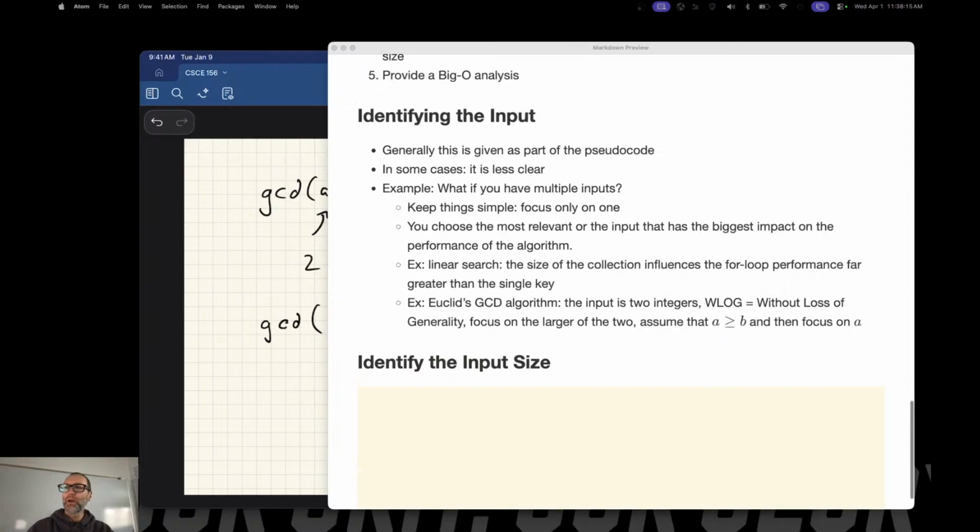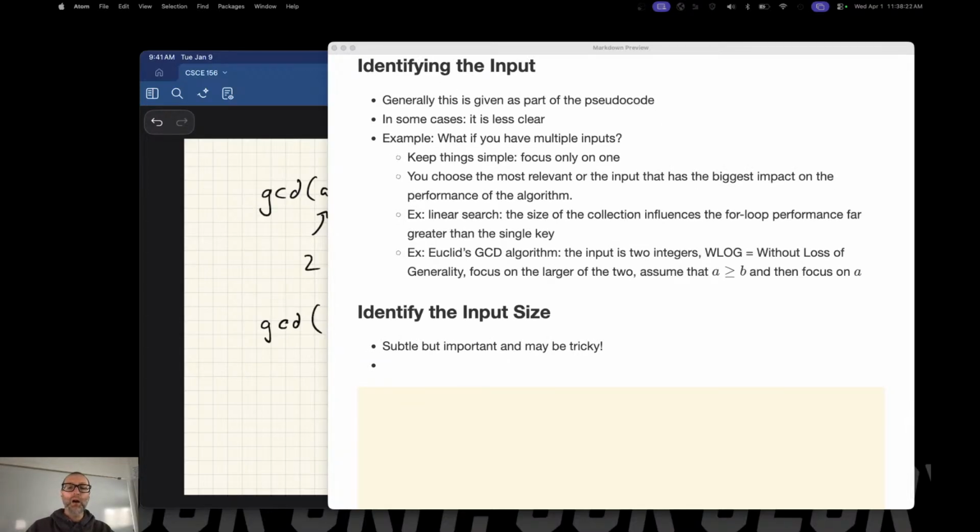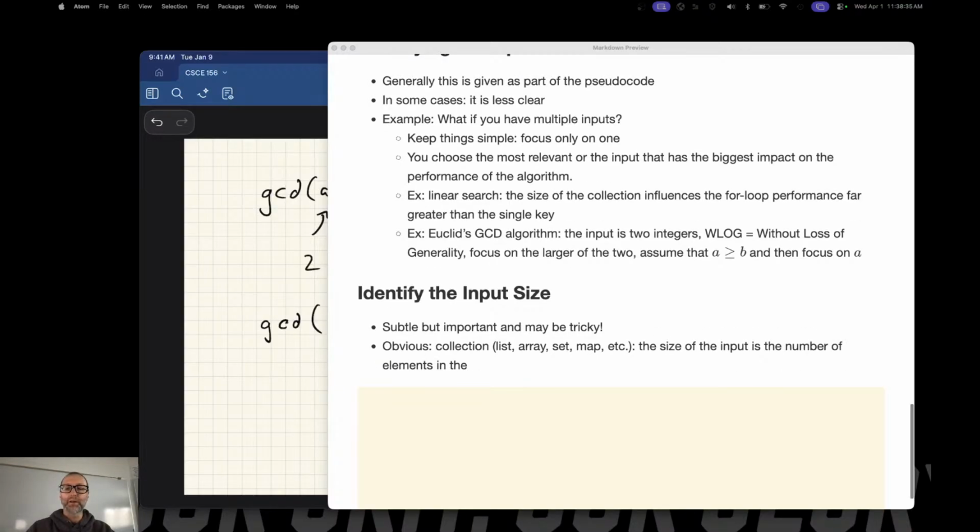Second step, you identify the input size. Right? Again, this is simple, but it can be tricky. There are some that are obvious, right? Collections, right? That is a list, an array, a set, a map, etc. The size of the input is the number of elements in the collection.